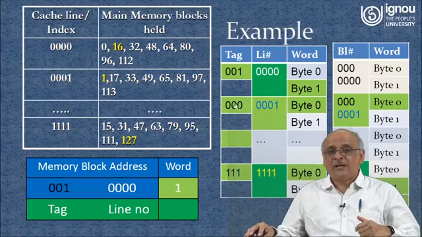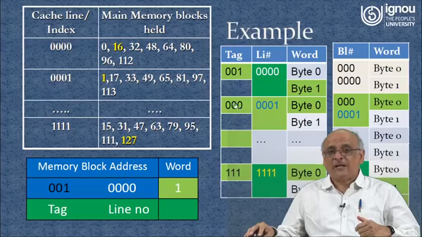So the tag is what you can check. This is where the tag is. Once the tag matches, the CPU will be supplied this particular content, and technically this tag represents the 127th location. So this is how the cache to main memory direct mapping works.